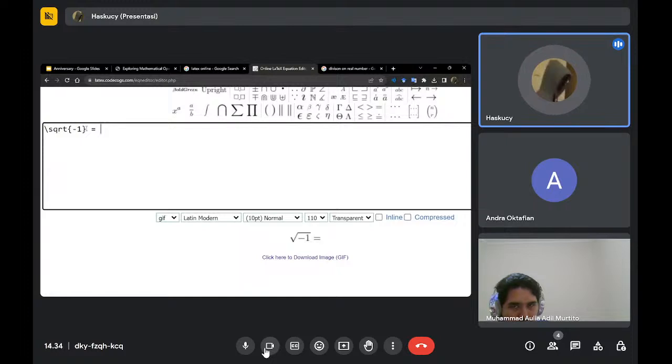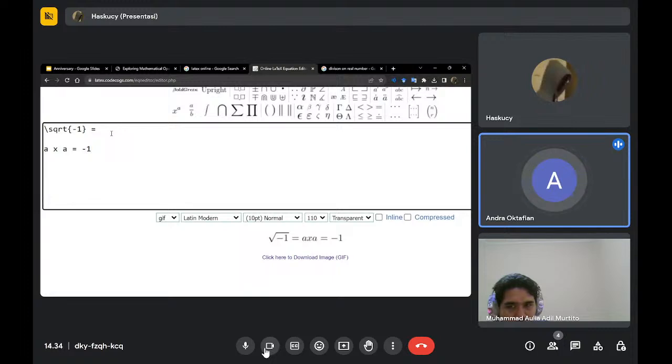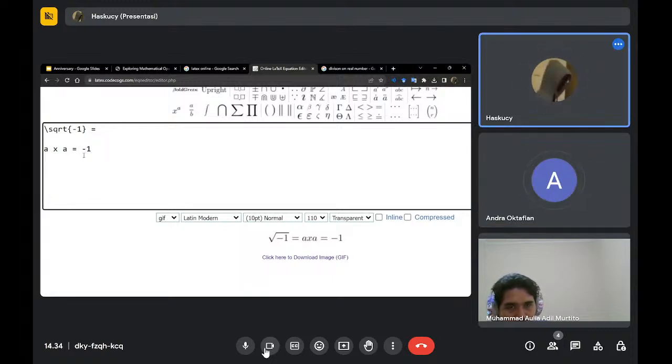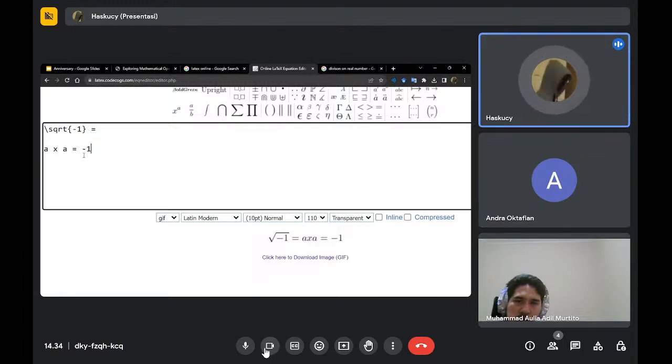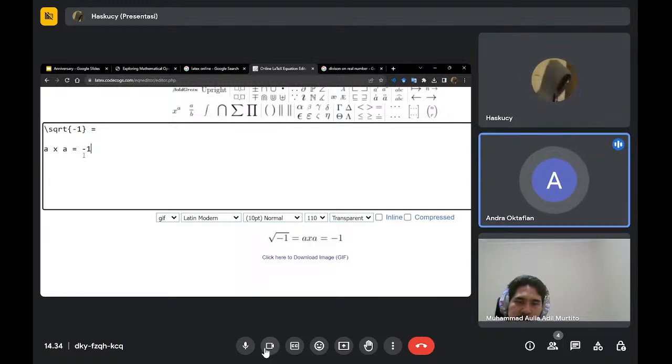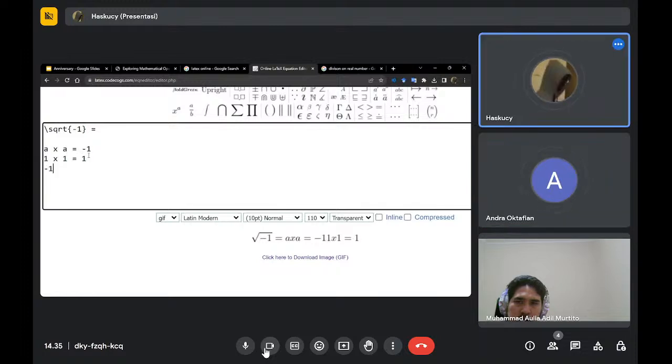Basically, what I'm trying to see here is, is there a number a such that a times a equals minus 1? Well, the problem is there's no such number to be defined in this case. Because 1 times 1 must be 1, and minus 1 times minus 1 must be 1 too.